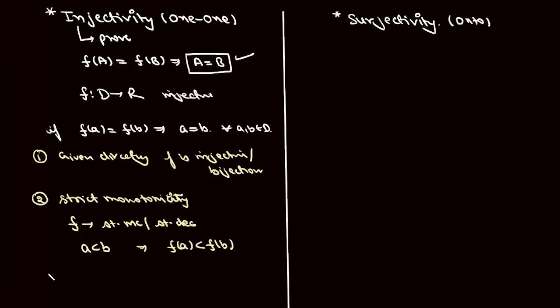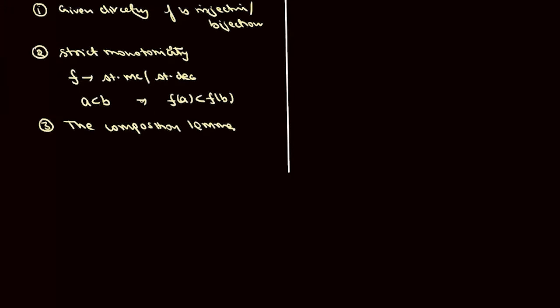And the third route is using the composition lemma. Now this lemma says if h(x) is g of f(x) and this function h is injective, then this f is injective.